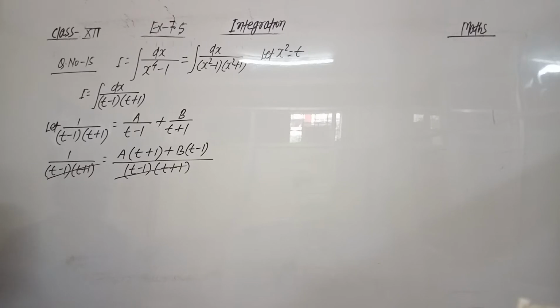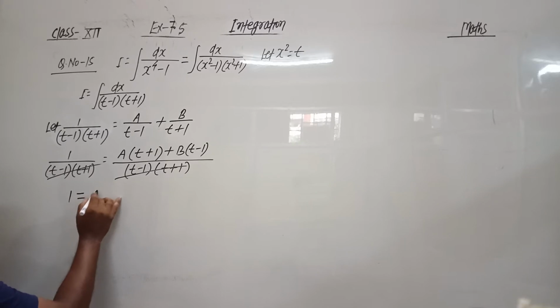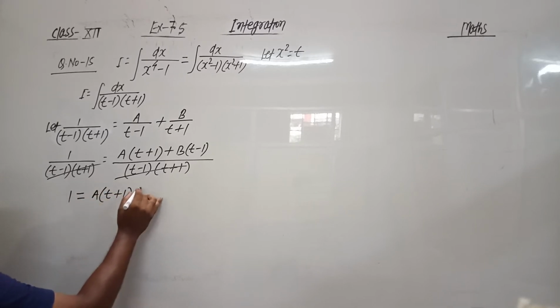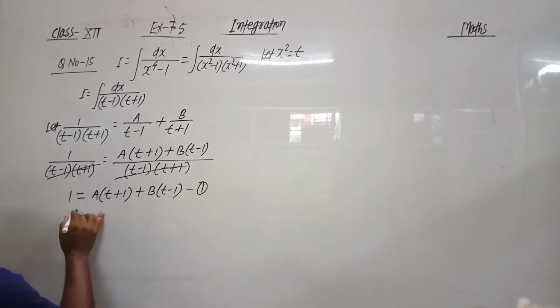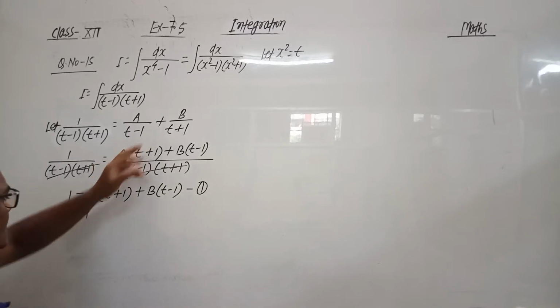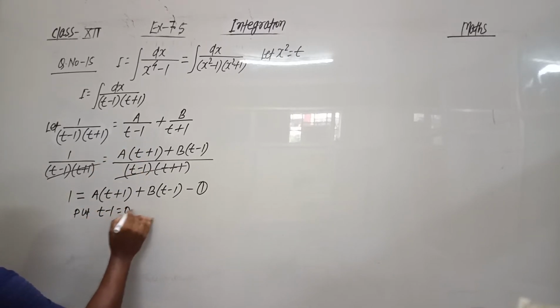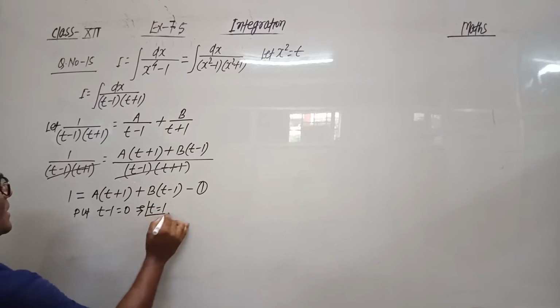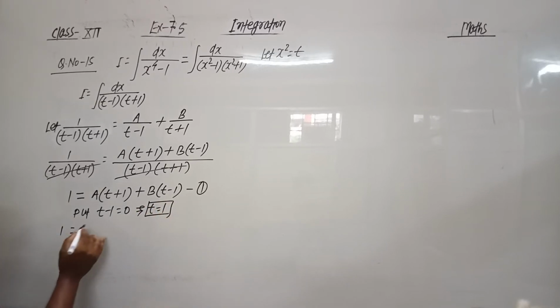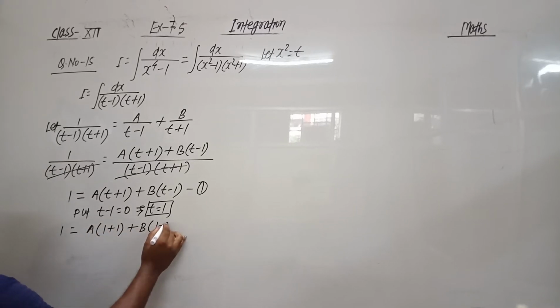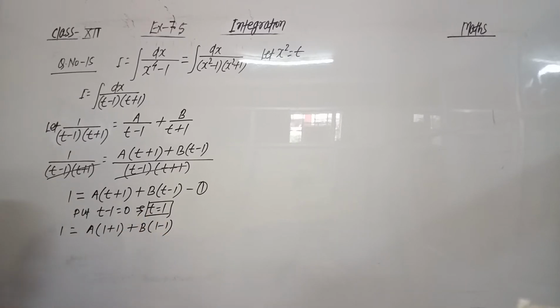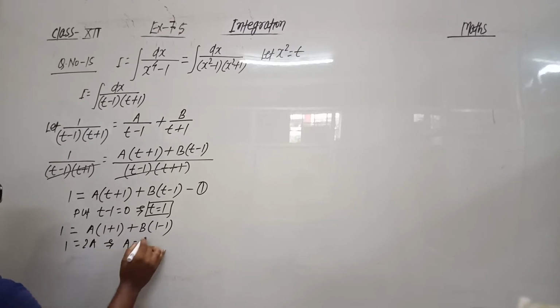From both the sides, the denominator gets cancelled, and it remains 1 equals to a into t plus 1 plus b into t minus 1. Now put t minus 1 equals to 0, and the value of t comes to 1. So 1 equals to a into 1 plus 1 plus b into 1 minus 1. This whole expression becomes 0. So 1 equals to 2a and a equals to 1 by 2.